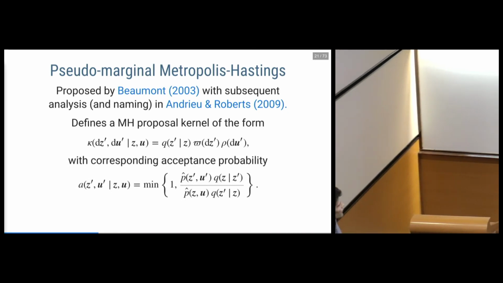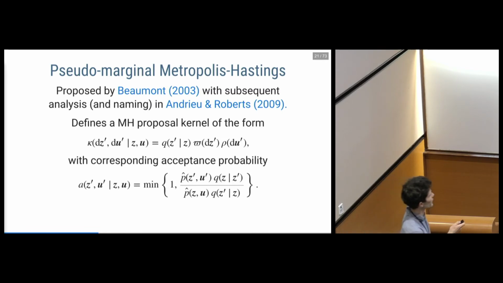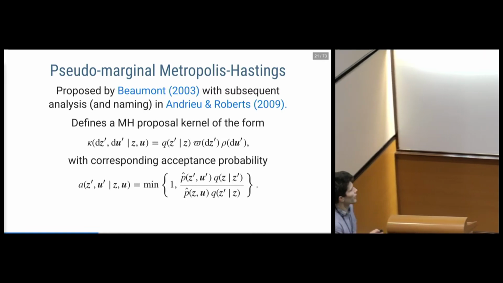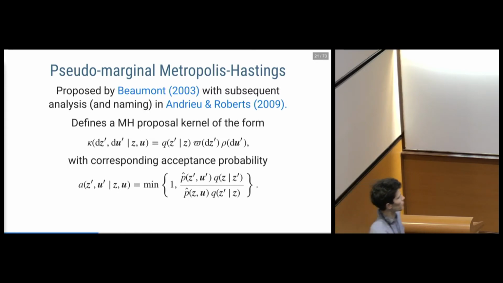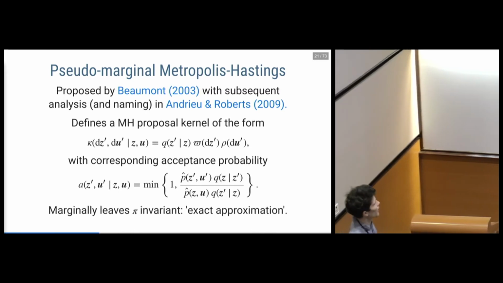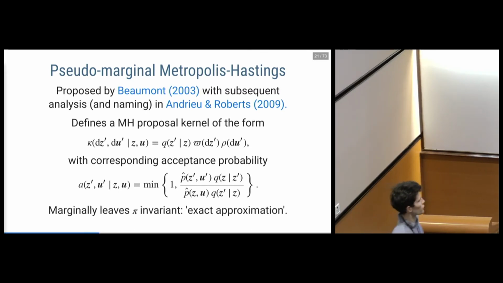The nice thing about this is if we generate a proposal using the kernel of that form, then this particular acceptance probability corresponds to a particular Metropolis-Hastings kernel on this giant space, which exactly leaves the target distribution invariant.